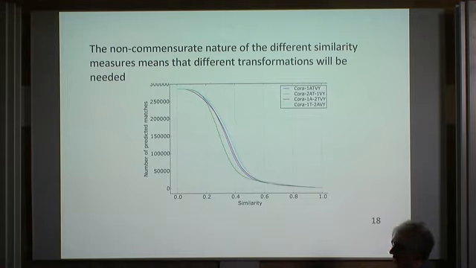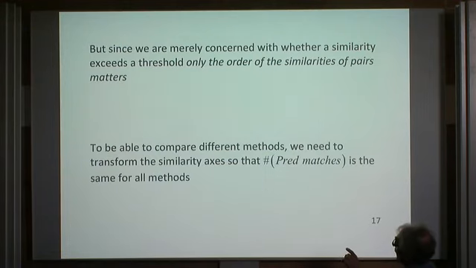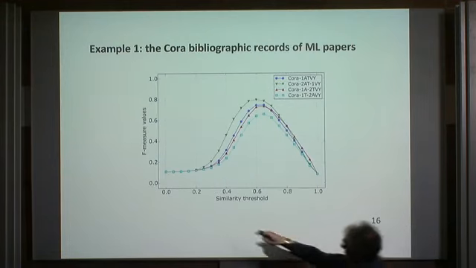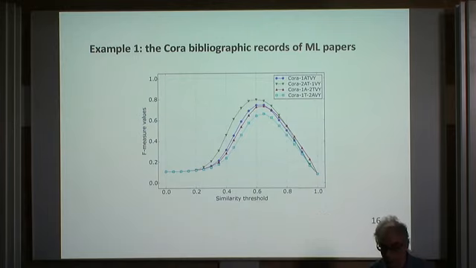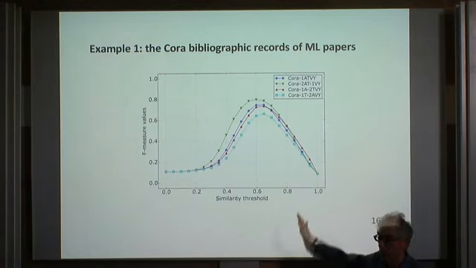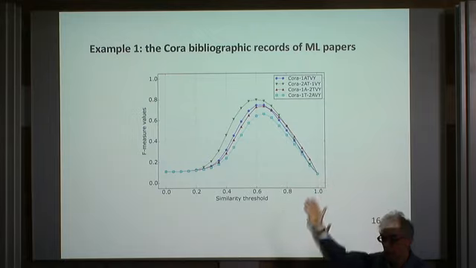The transformations are different. Now, if we took those transformations and applied them to the horizontal axis of this curve, then we could compare the curves, because any value on the transformed horizontal axis would result in F measures which legitimately could be compared.